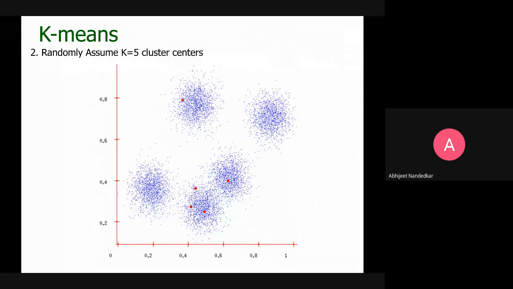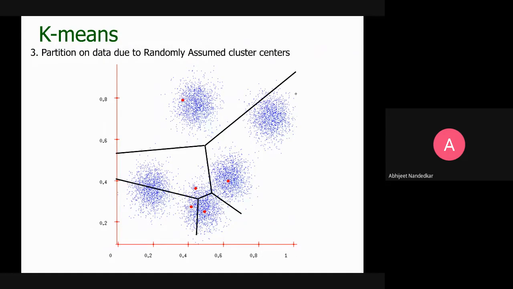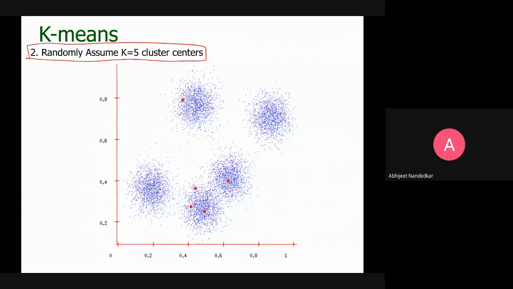Now the second step, after assuming that k is equal to 5, is that we randomly assume 5 cluster centers. We just use some random process to initialize random cluster centers.